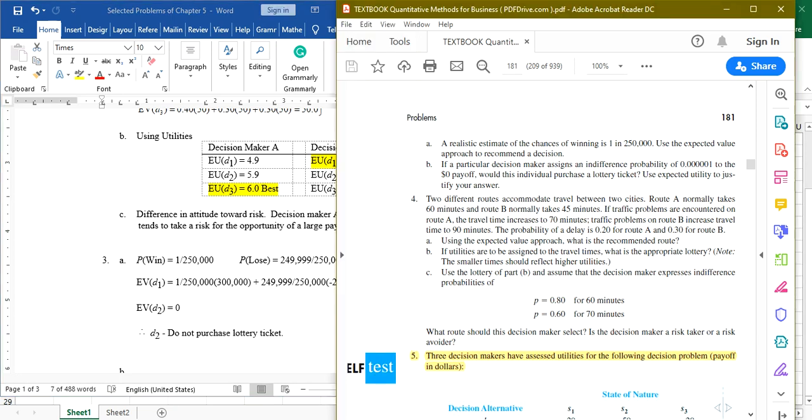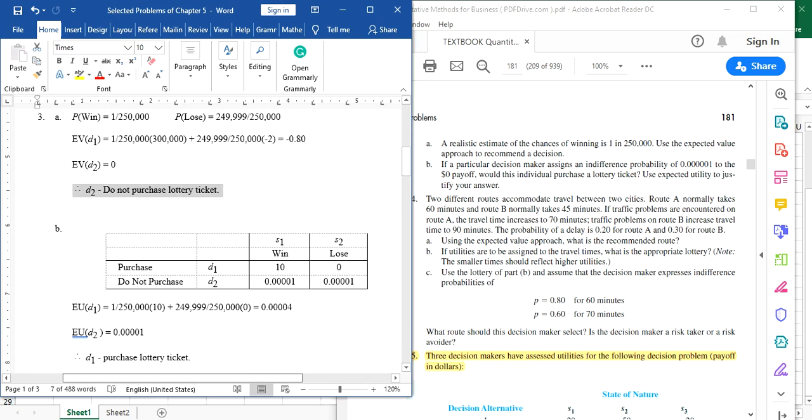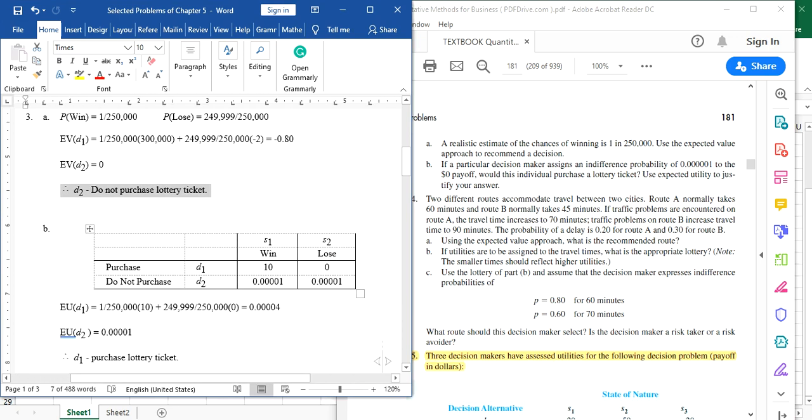So if a particular decision maker assigns indifference probability of 0.000001 to the $0 payoff, would this individual purchase the lottery tickets? What's the expected utility to justify your answer? So we turn this to utility. Okay, now as we said, the highest will be 10 utility, and the lowest will be 0.